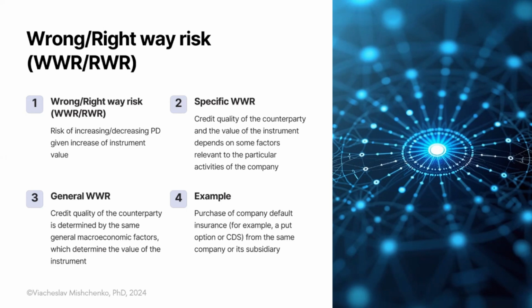Usually, quantifying wrong way risk requires both quantitative analysis and qualitative judgment. It is about looking for the connections between the counterparty default risk and the underlying risk factors and the underlying value, which is usually connected to the counterparty.